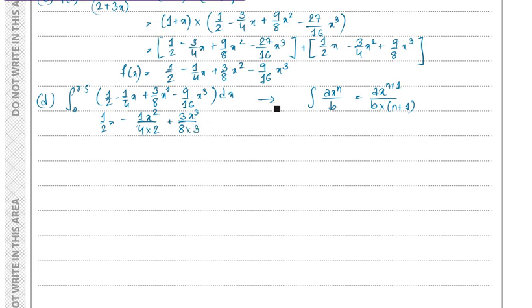Minus 9 by 16, I'm writing the a and b at first, and x to the power 3 would become 3 plus 1, which is 4, multiplied by 4, in brackets with limits 0.5 and 0.